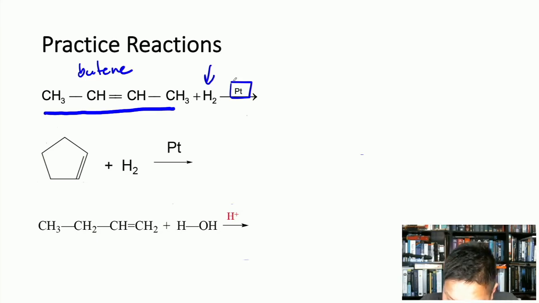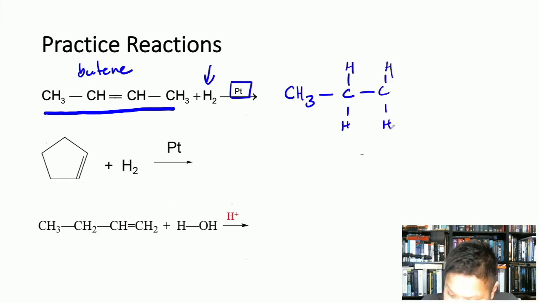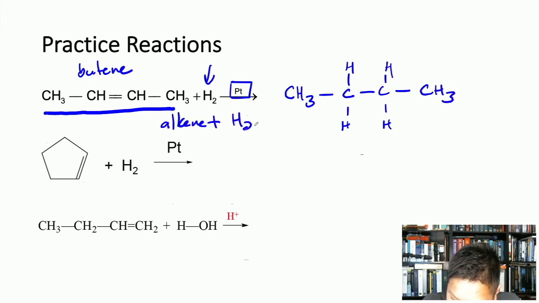Well, we just saw in the previous slide: CH3, CH2, CH2, CH3. Because remember, an alkene plus hydrogen gas with some kind of catalyst like platinum, palladium, or nickel will give you an alkane.